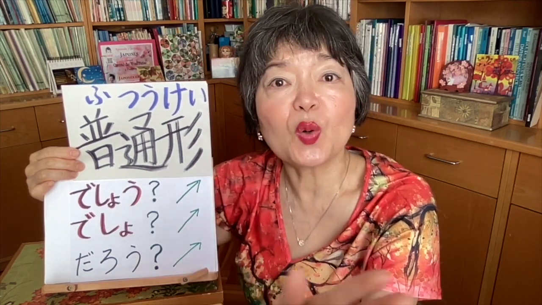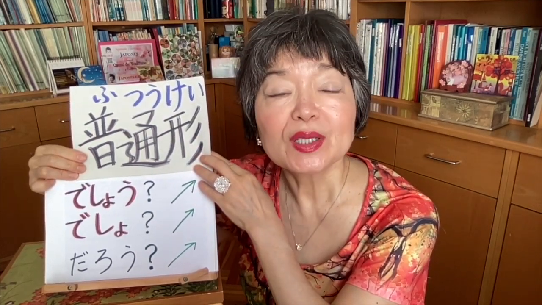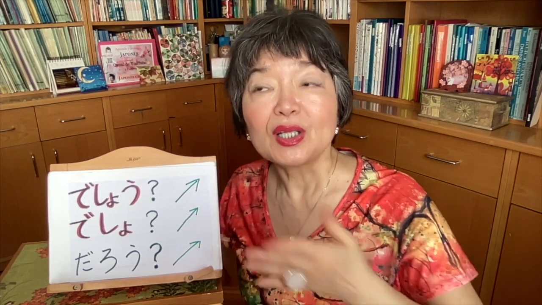But this だ is also omitted, it disappears. Okay? In the present tense. But in the past tense, we use だった: 親切だった, 雨だった.